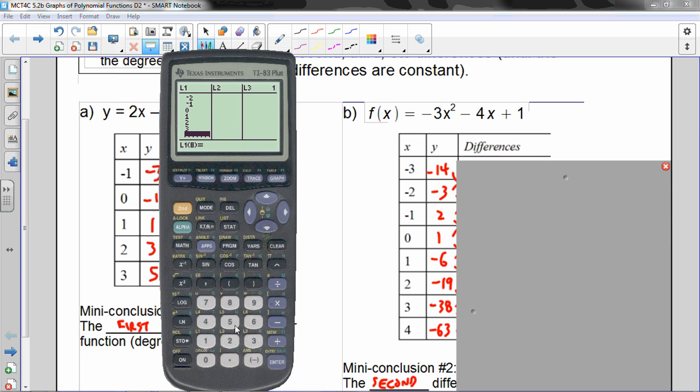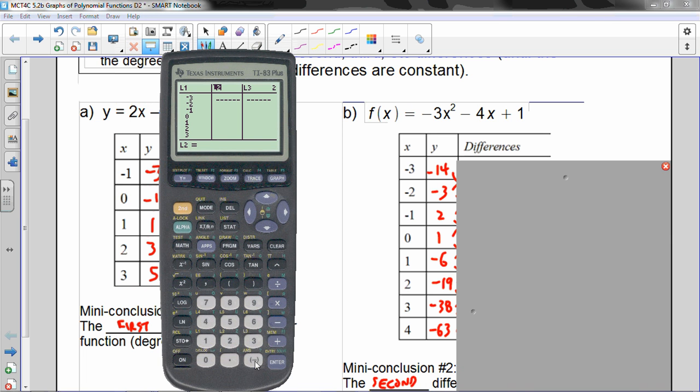Essentially, I can use the stat lists almost as a spreadsheet. If I go up here, what I want the y values to be is this formula, where whenever I get an x, I want it to look over into list 1.